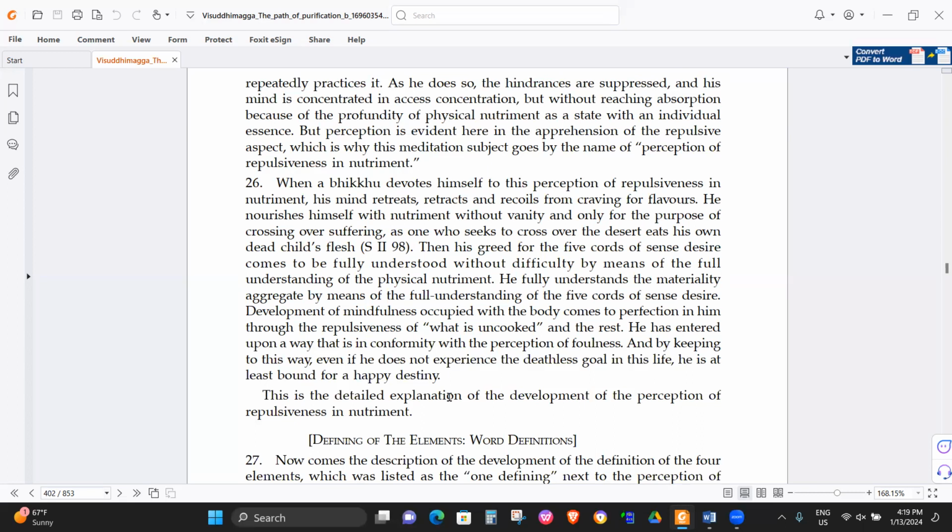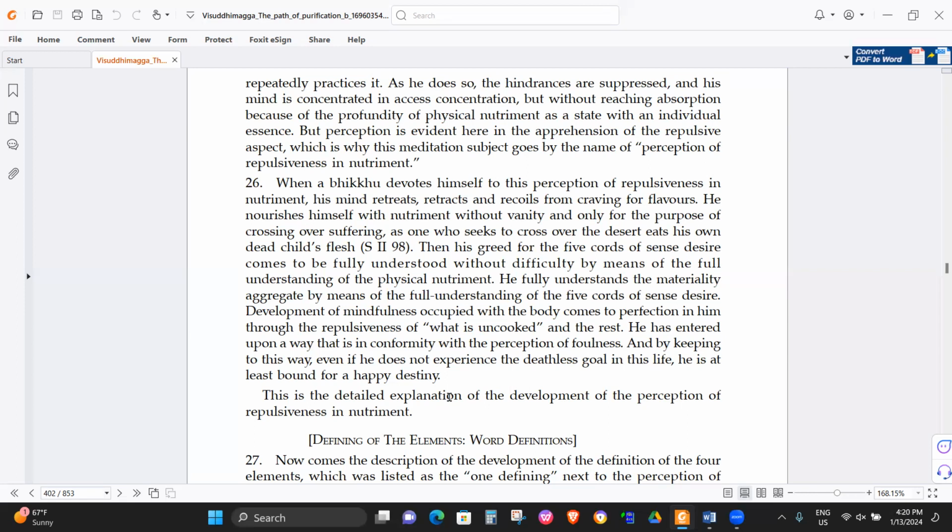When a bhikkhu devotes himself to this perception of repulsiveness in nutriment, his mind retreats, retracts, and recoils from craving for flavors. He nourishes himself with nutriment without vanity and only for the purpose of crossing over suffering, as one who seeks to cross over the desert eats his own dead child's flesh. Then his greed for the five cords of sense desire comes to be fully understood without difficulty by means of the full understanding of the physical nutriment.